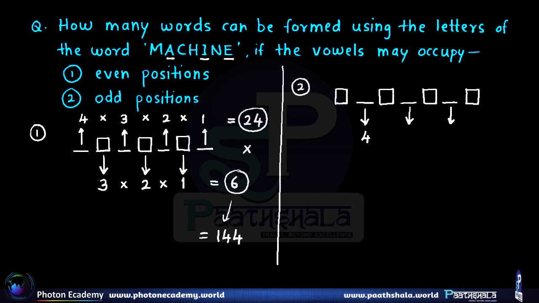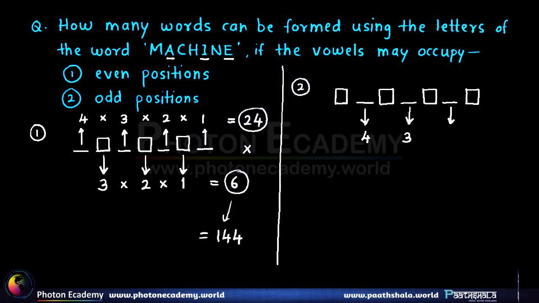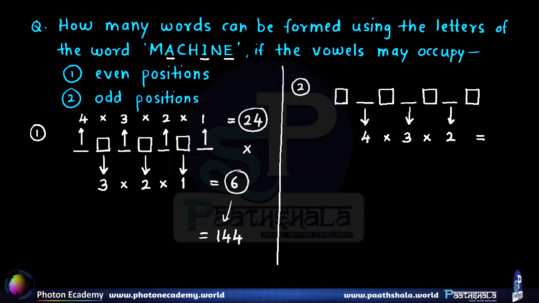So let us count first the even numbered places. Say first place can be occupied by any one of the 4 consonants, and the next place can be filled by any one of the 3 consonants, and the last one by any one of the 2 consonants. So the total number of ways to fill up the even numbered positions is the product of 4, 3 and 2, which turns out to be 24. Now the odd numbered places, which are 4, have to be filled with 3 vowels and 1 consonant.